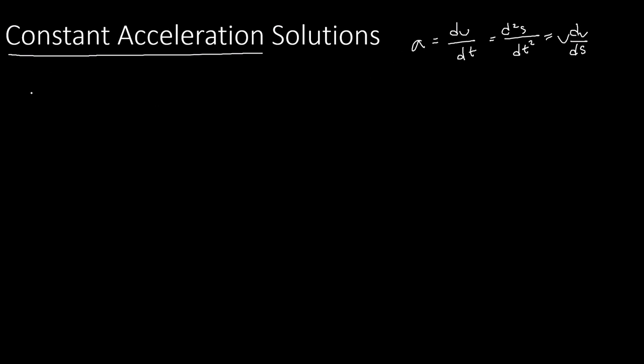So let's start with our first equation. a is equal to dv/dt. So first thing we'll do to solve this is we'll go ahead and bring the dt up here and pair that with our constant a, because that will make this very easy to integrate. So a dt. So now we're going to integrate this, and for the velocity we're going to go from some initial velocity to a final velocity, and for the time we're just going to go from 0 to whatever the time is.